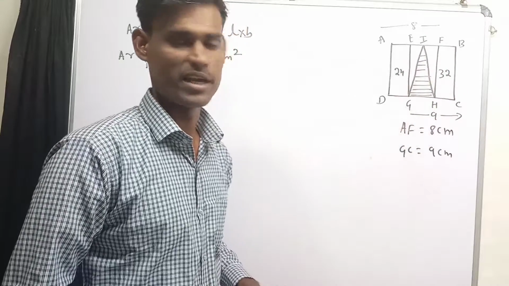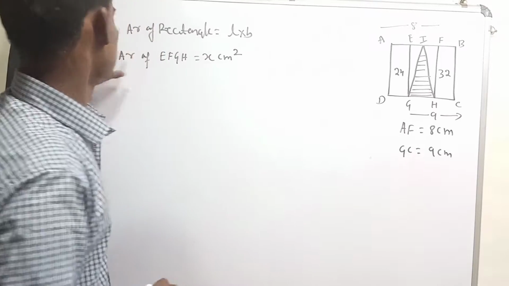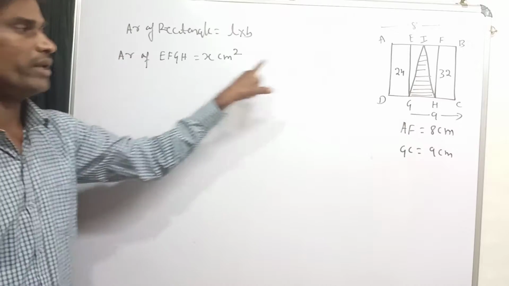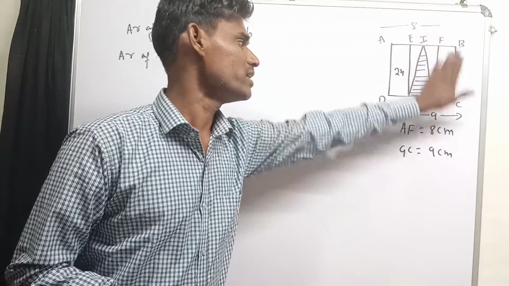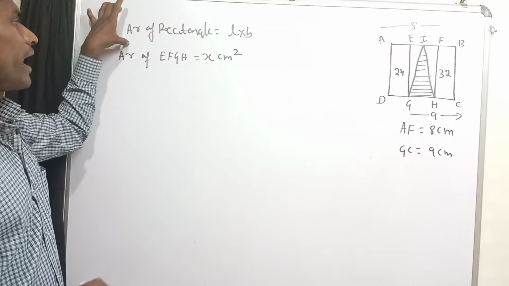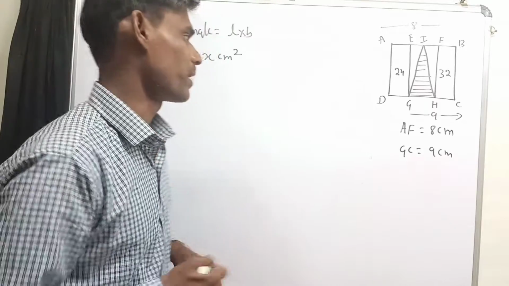Means we need to find out the area of this shaded region. For that, I am going to consider the area of EFGH as x cm square. We don't know the area of this EFGH, so I am taking it as x cm square. And we know that the area of the rectangle is equal to length into breadth.